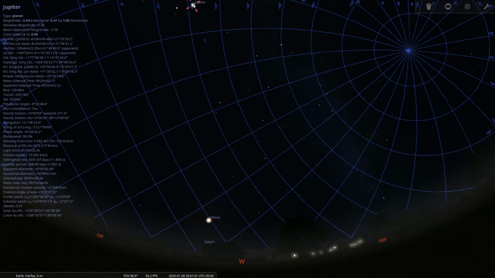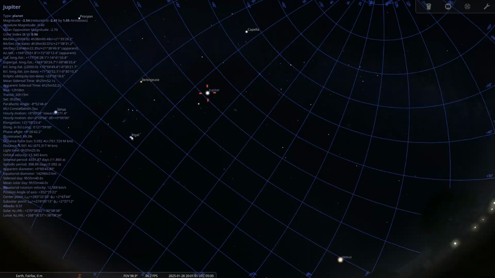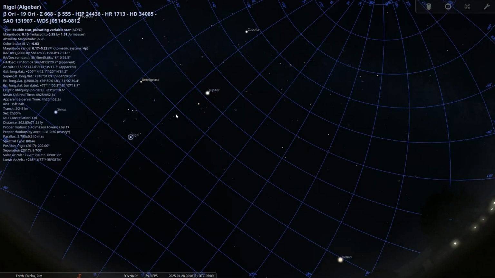Jupiter has a right ascension of 4 hours, 39 minutes, and a declination of 23 degrees, 38 minutes. Rigel has a right ascension of 5 hours, 15 minutes, and a declination of negative 8 degrees, 10 minutes. The constellation Orion is almost perfectly bisected by the celestial equator.